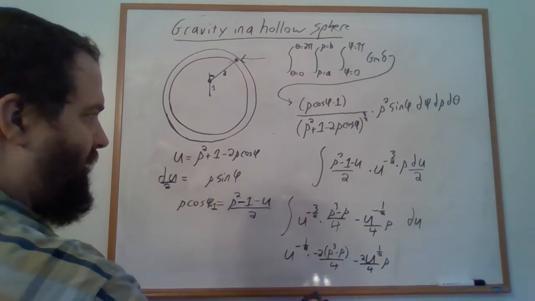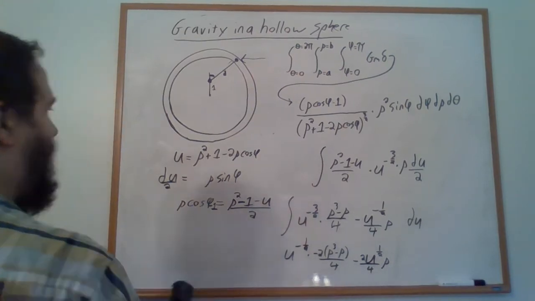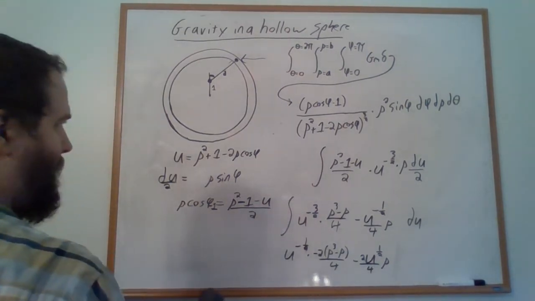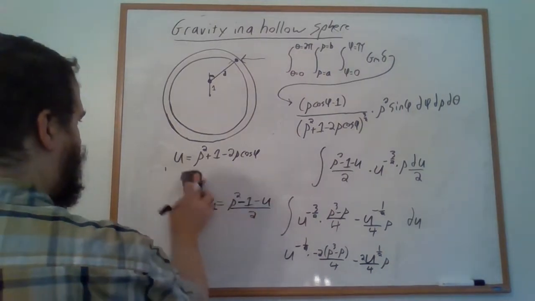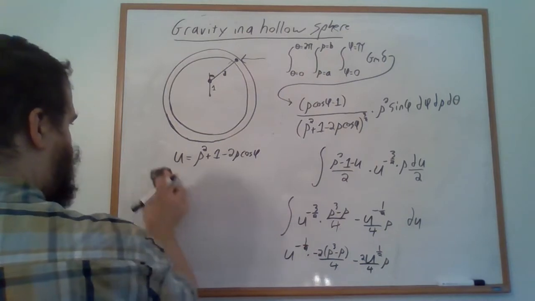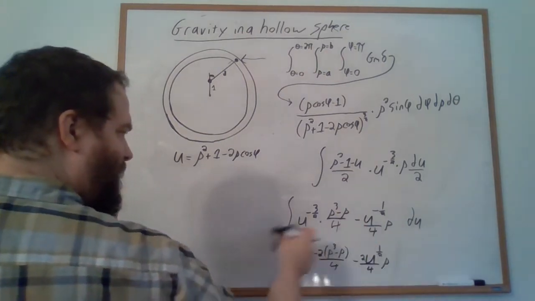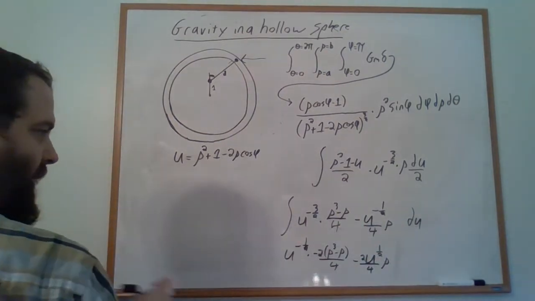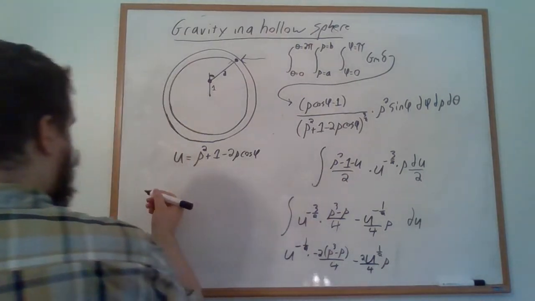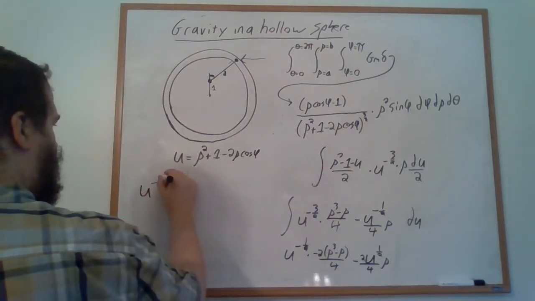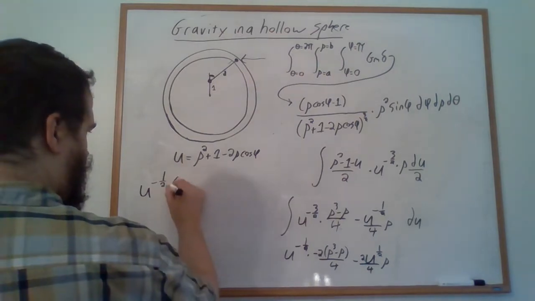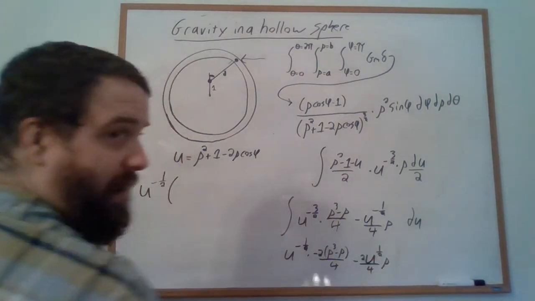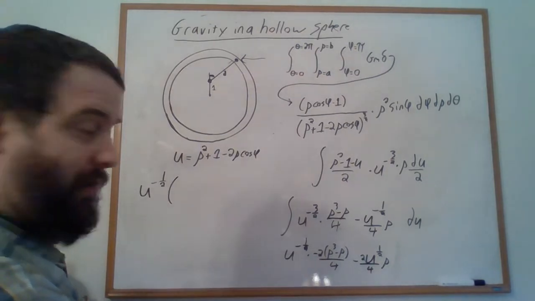Now, this here looks kind of gross, but we can actually rewrite it using our identity for u. This term here, we can write it as u to the negative 1/2 times, so u to the 1/2 is u to the negative 1/2 times u.